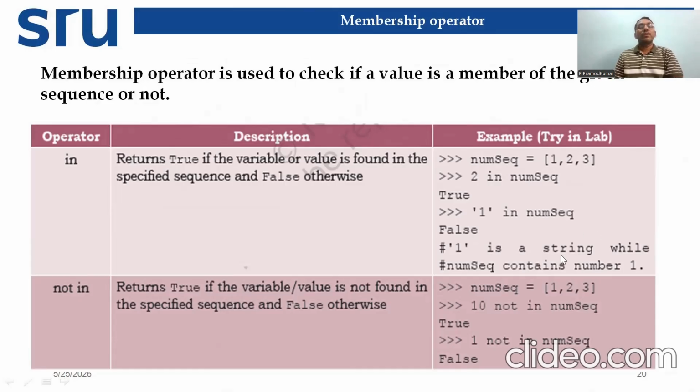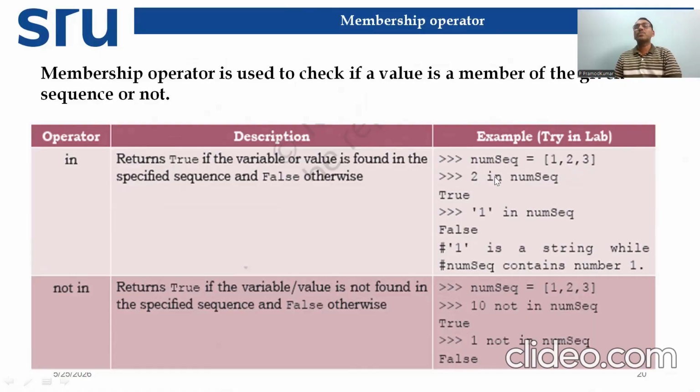The in operator basically returns true if the variable or a value is found in a specified sequence. Otherwise, it returns false. Coming to example, I am considering a sequence 1, 2, 3. In that sequence, I would like to check whether 2 is present in number sequence or not.